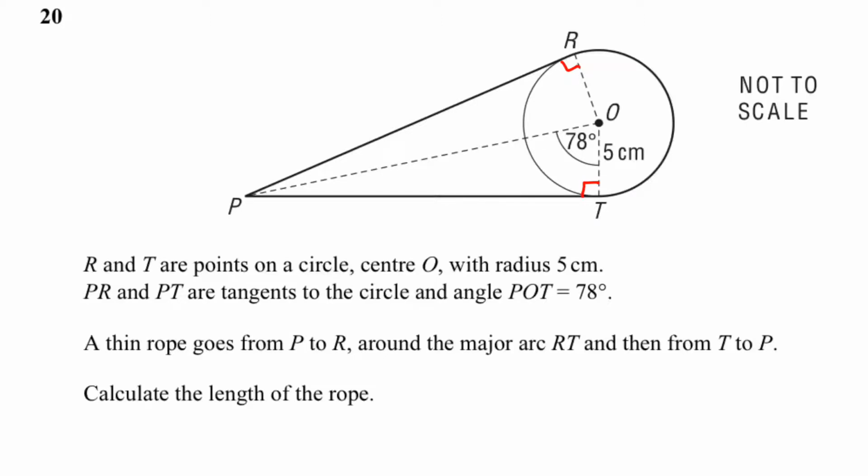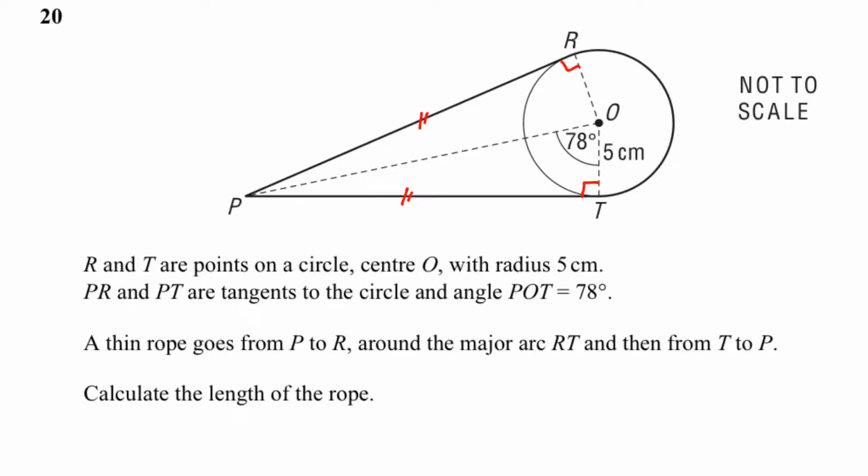A thin rope goes from P to R, around the major arc, and then from T to P. We have to calculate the length of the rope. PR and PT are going to be the same because tangents from a point to a circle have the same length.